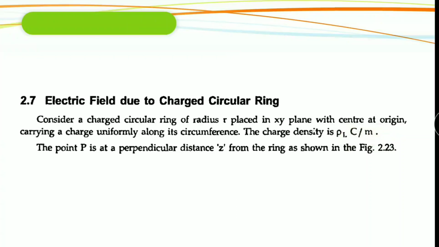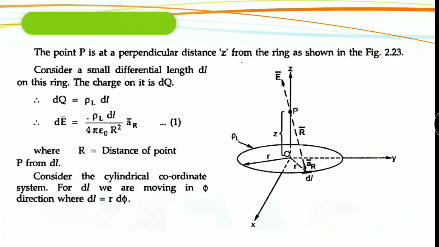here we assume a point P which is at a perpendicular distance Z from the ring, as shown in this figure. When you observe the figure, this is a circular ring having radius r. This circular ring is in the x and y plane.